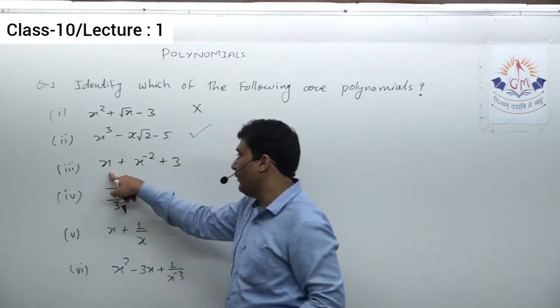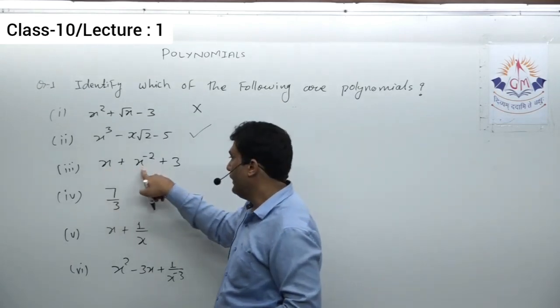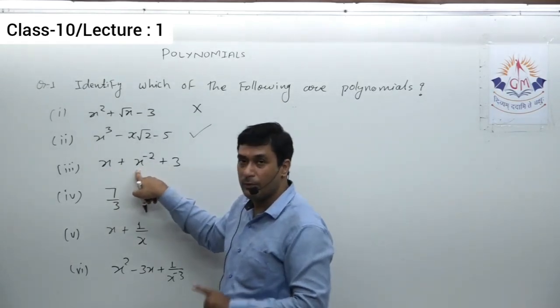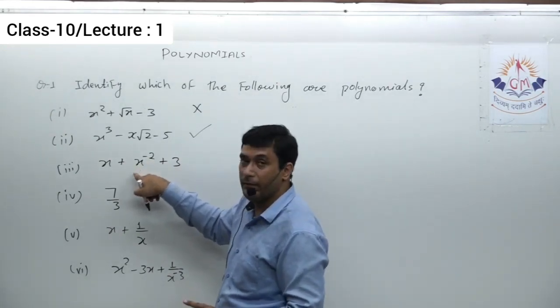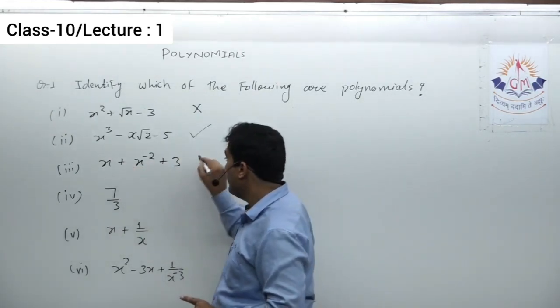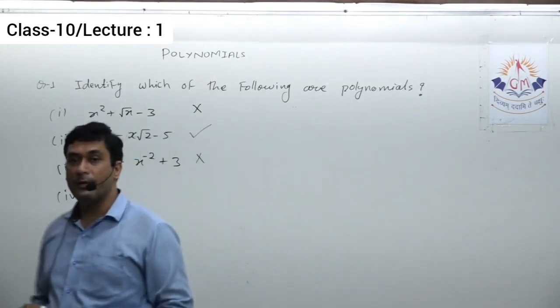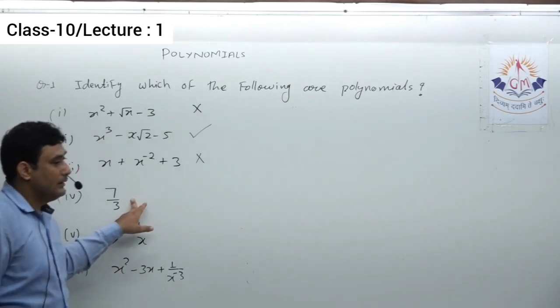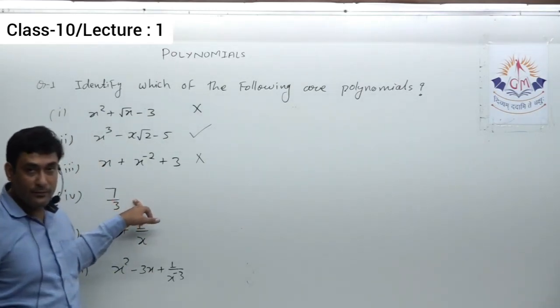Now over here, the power of the variable is 1, it's a whole number. Here the power of the variable is minus 2, it is not a whole number, it is not a non-negative integer, it's a negative integer. So this is not a polynomial. Okay, now next is 7 by 3. Now you might say there isn't any variable. Yes, there is a variable which is invisible.